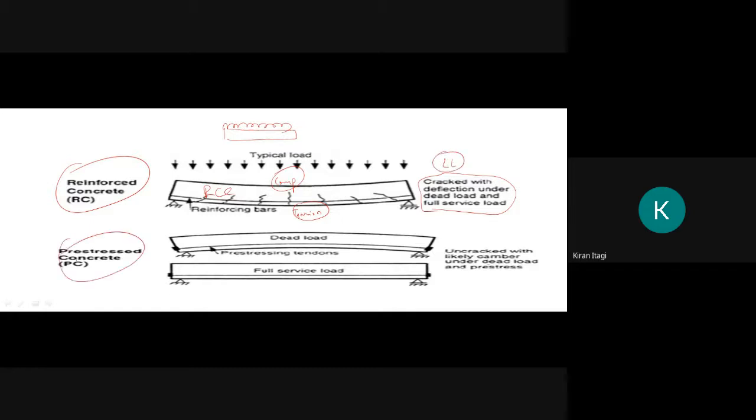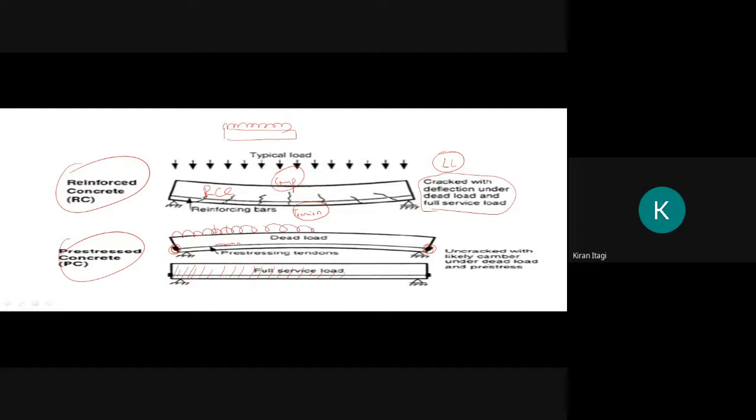See, in a pre-stressed concrete member, initially it will be like this, and here you can see the tendons, and this is your anchorage system. After application of the load, it will be like this. You apply the load, correct?